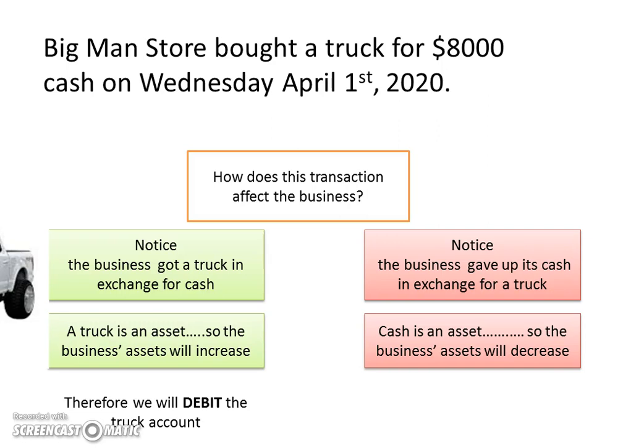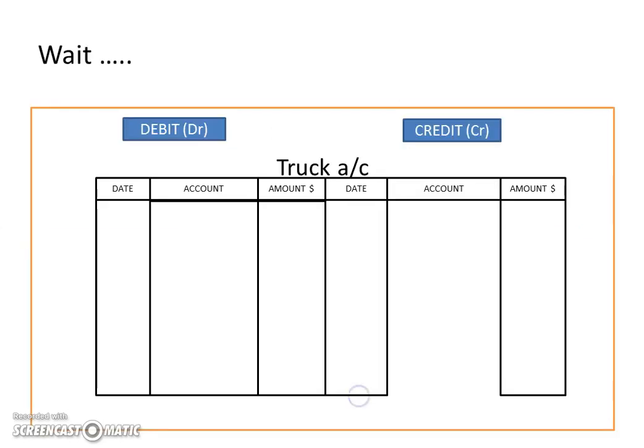And when your assets decrease, what do we do? Correct again. You credit. So clearly, we're going to debit the account called truck, meaning we're going to write on the left-hand side. And we're going to credit the account called cash by writing on the right-hand side. So let's see how that's done.